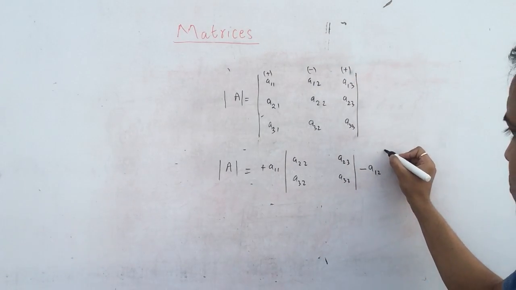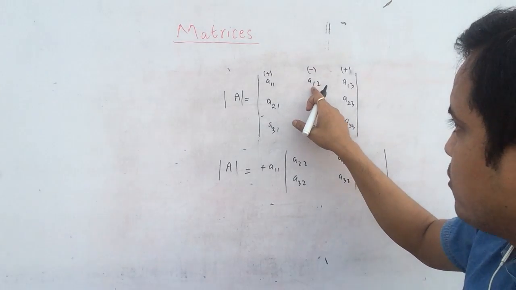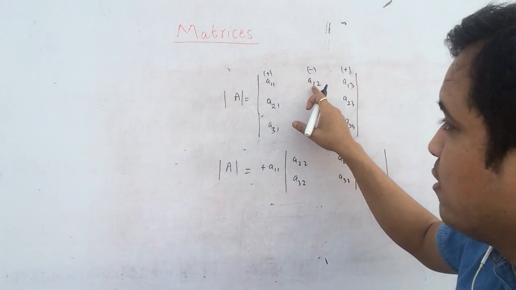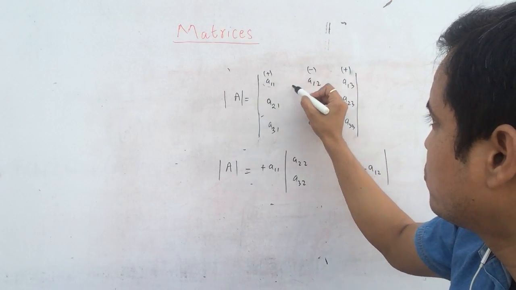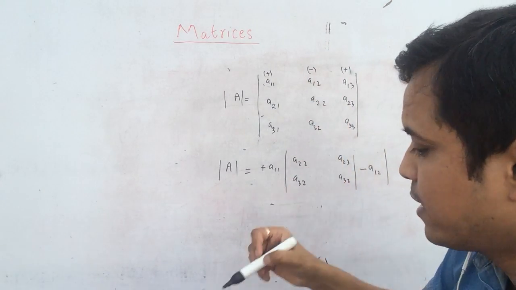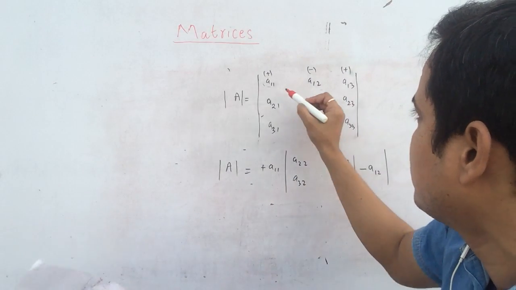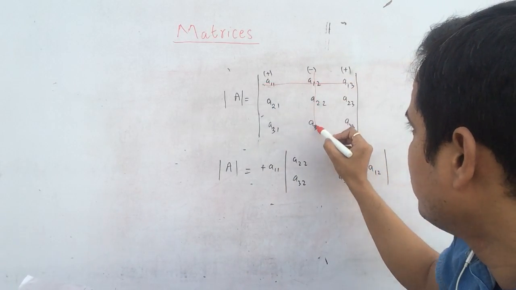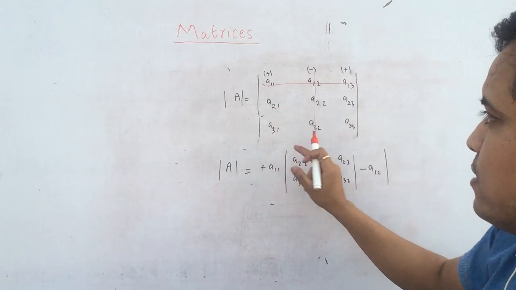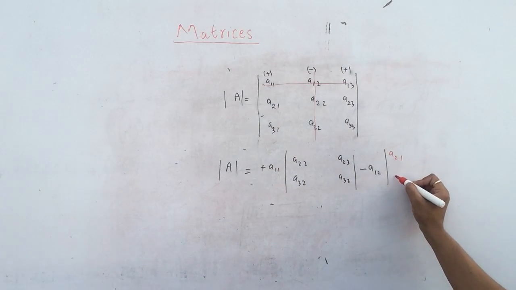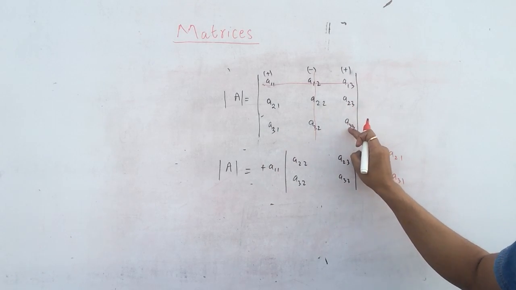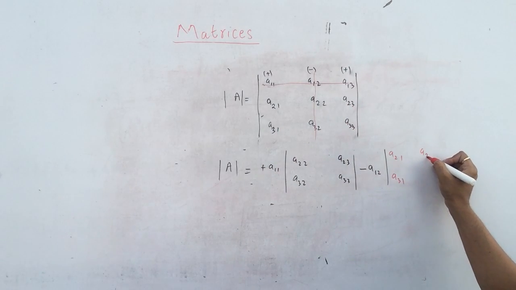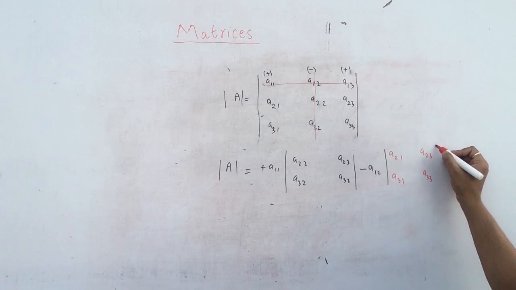Remove the first row and second column. What would you get? A21, A23, A31, A33.